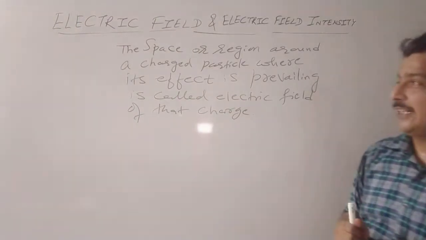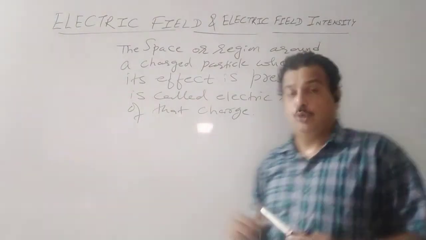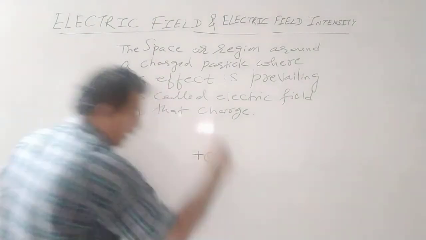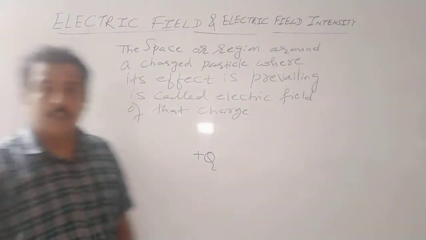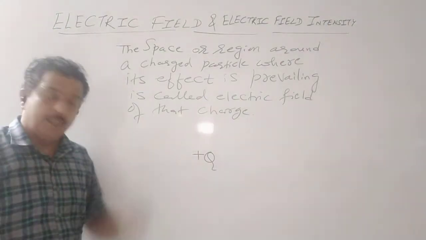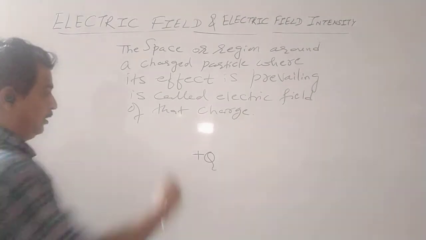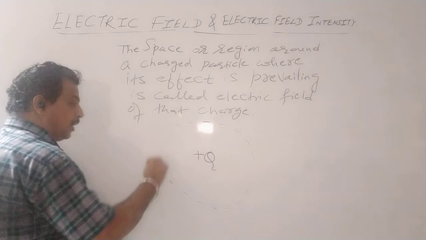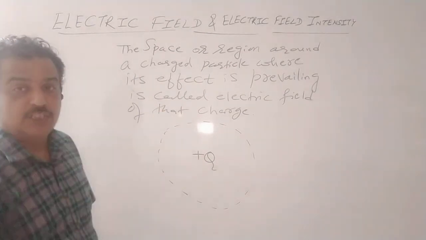So this is an electric field, and it should be remembered that if I take a single positive charge, I can also take a single negative charge, but for the time being I am taking a single positive charge. So its electric field या इसका जो इलाका होगा वो कैसा होगा, sphere होगा.